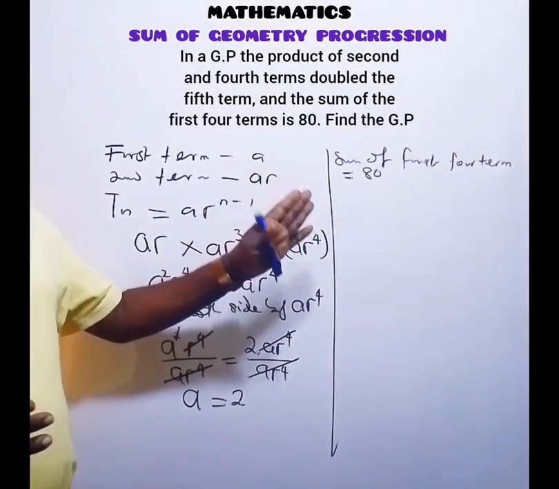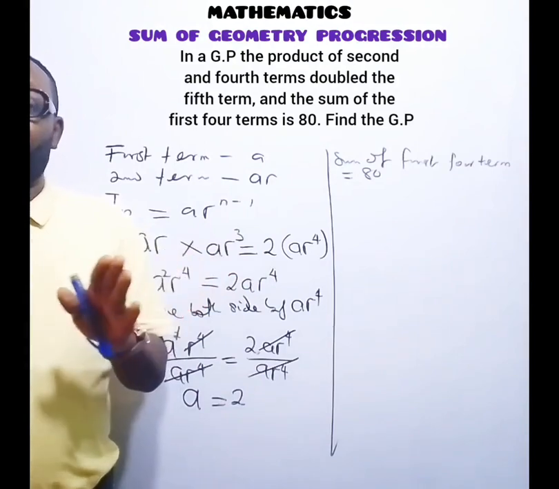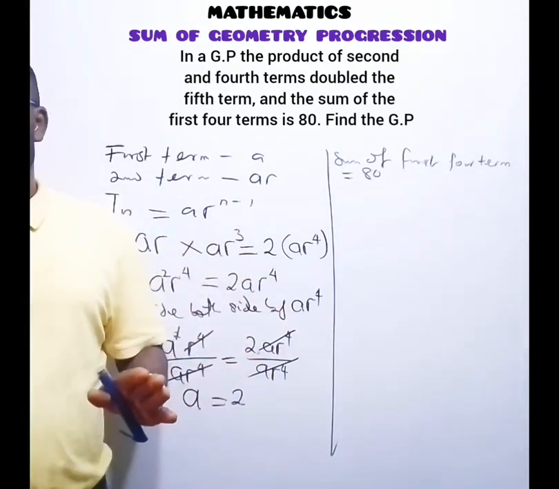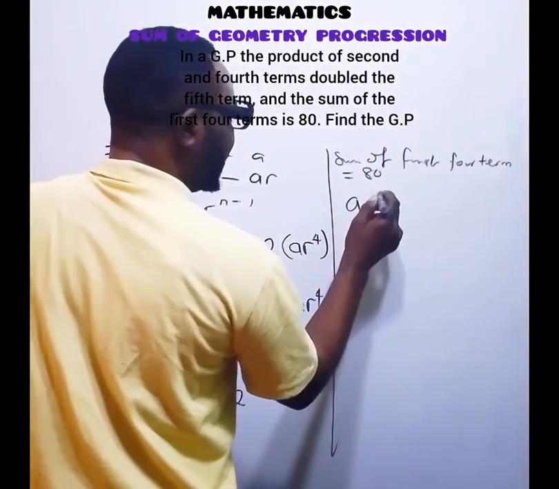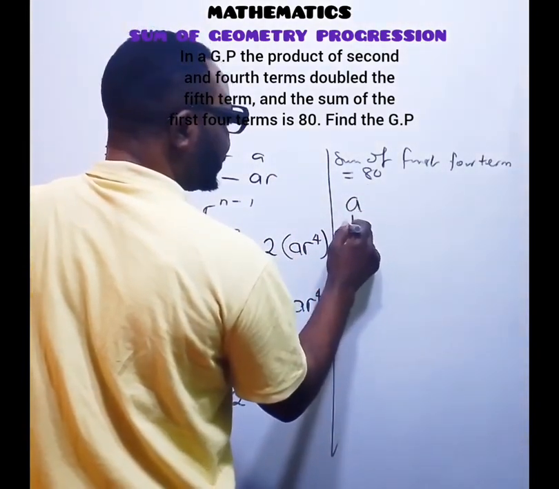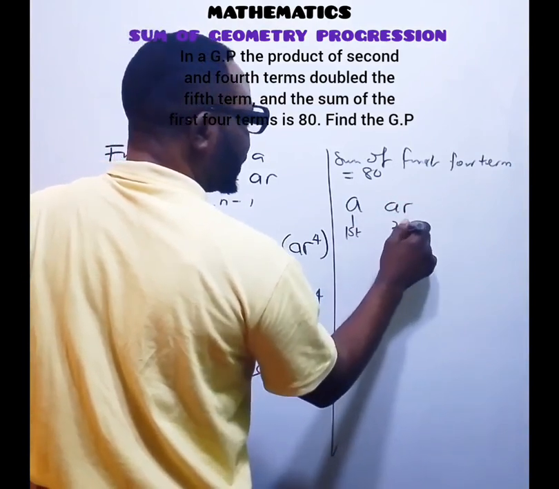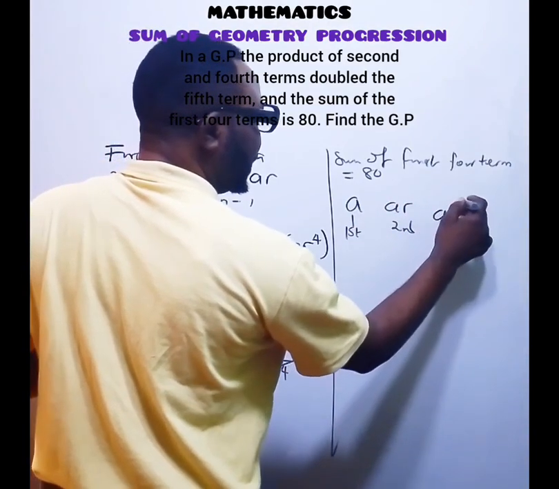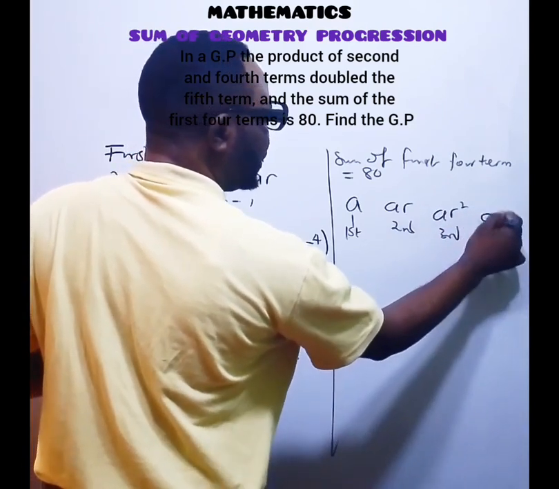But in this case, we are not given the value of R, so it's going to be difficult for us to make use of any particular formula. So we know that our first term is A, our second term is AR, third term is AR squared, and fourth term is AR raised to power of 3.